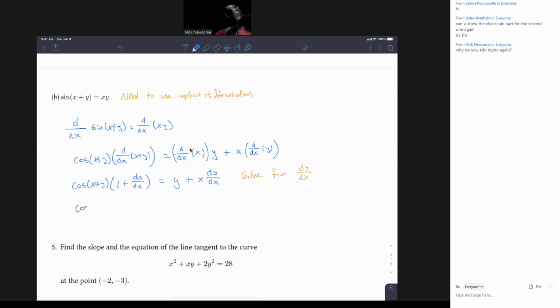So let's say over here we have cosine of (x plus y) minus y. And then on the right-hand side, we'll have x. I'll factor out the dy/dx now. I have an x minus cosine of (x plus y). And then solve for dy/dx.